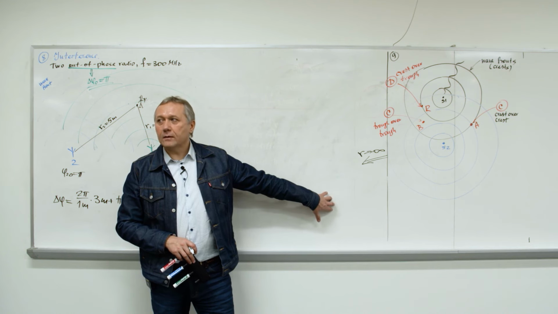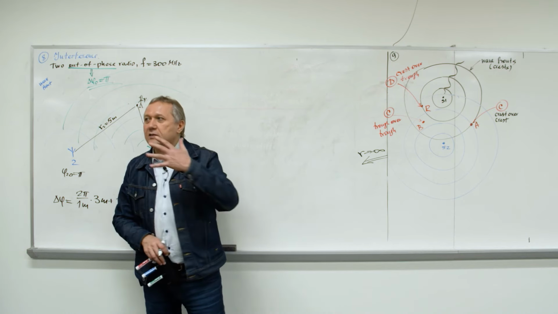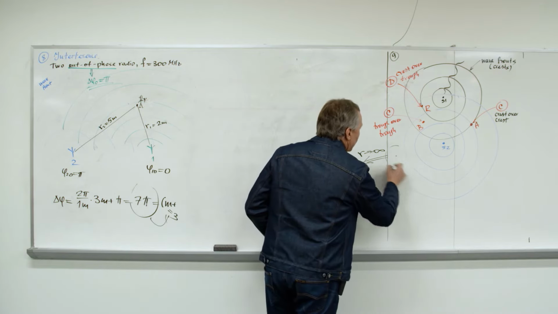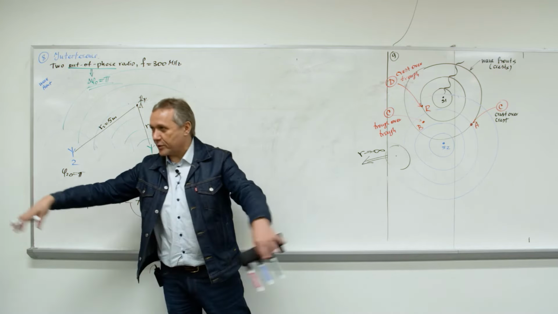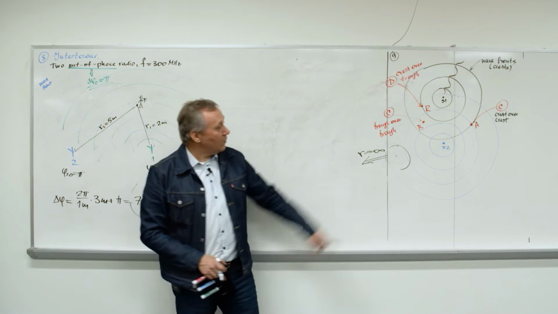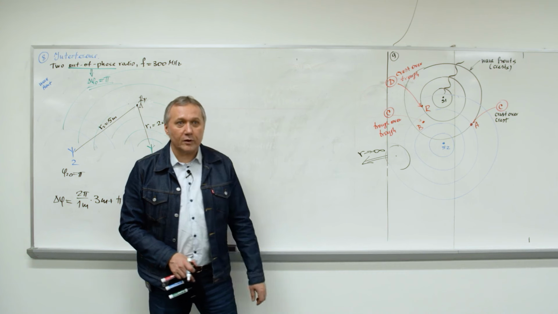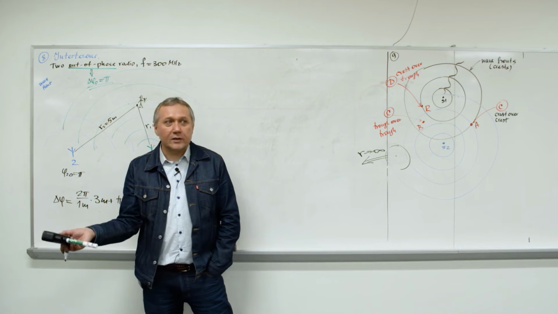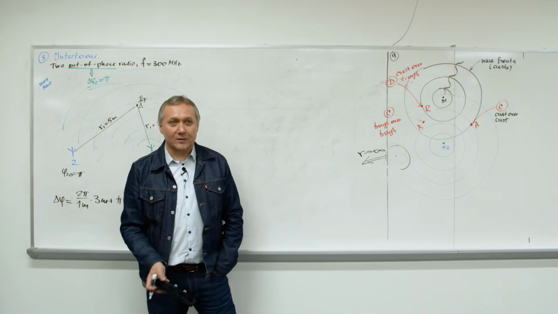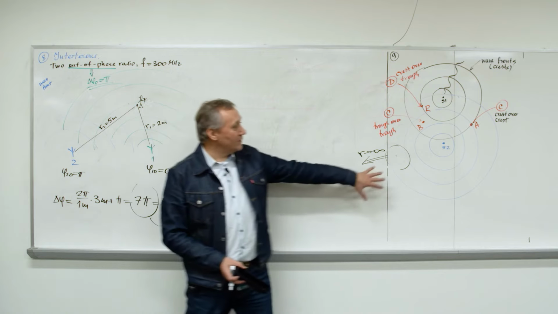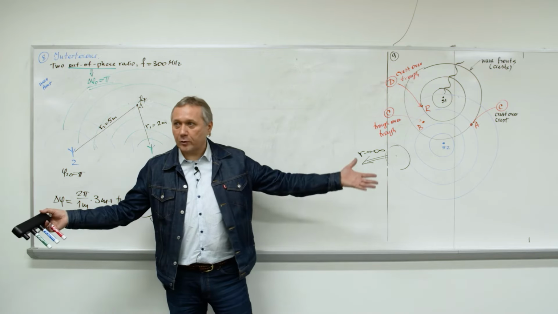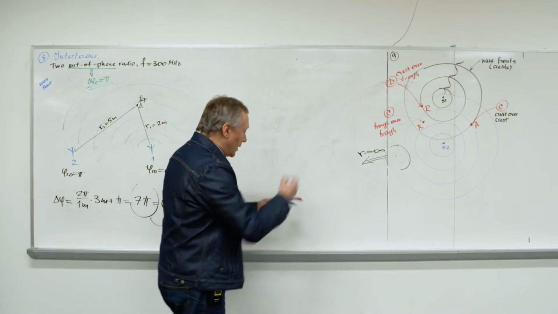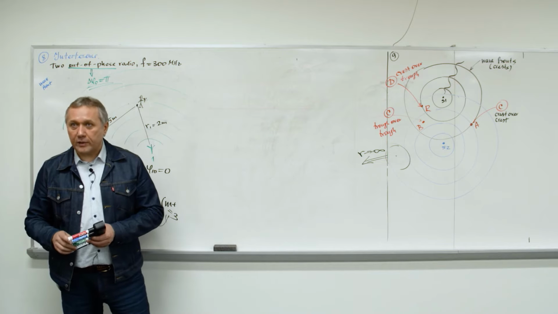Strictly speaking, it's still circular waves. But if you sit over here and look around yourself, you're going to see curvature, so you can see those circles. But if you let it propagate to infinity, you're going to see essentially a bunch of straight lines. What is a straight line? It's a circle with an infinite radius. So if you let these circles propagate to infinity, you get a circle with an infinite radius, and that's what a straight line is. So essentially, you're going to see a bunch of parallel straight lines.